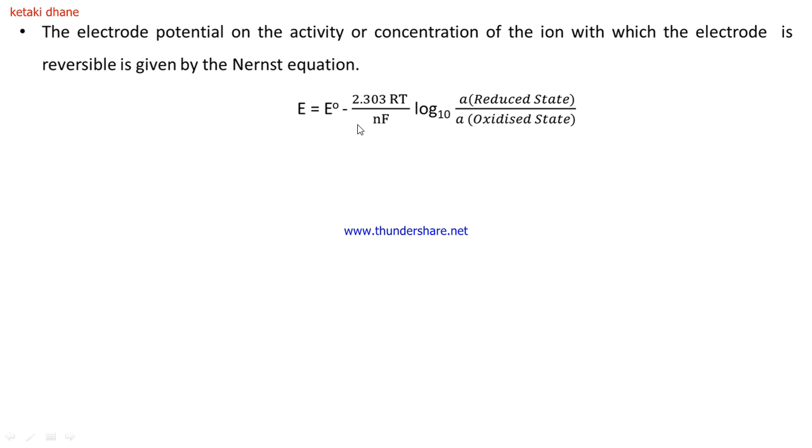So what is the Nernst equation? E equals E0 minus 2.303 RT divided by nF multiplied by log to the base 10 of the ratio of the concentration of ions in the reduced state divided by the concentration of ions in the oxidized state.